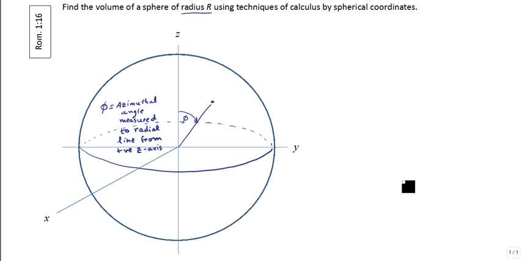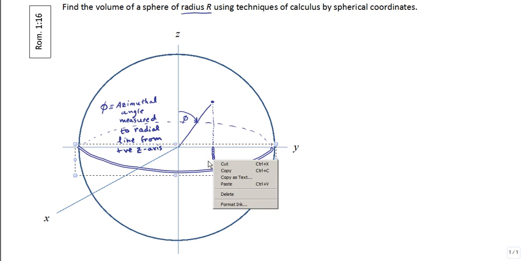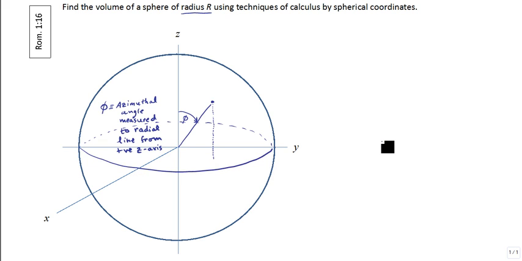Moreover, we could say that if I were to project this point, which is within this sphere, down into the xy plane, it may intersect the xy plane down here, and that is going to have the following x and y coordinates.